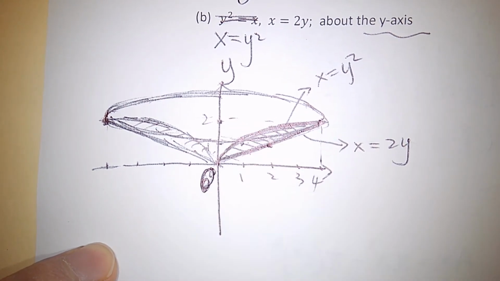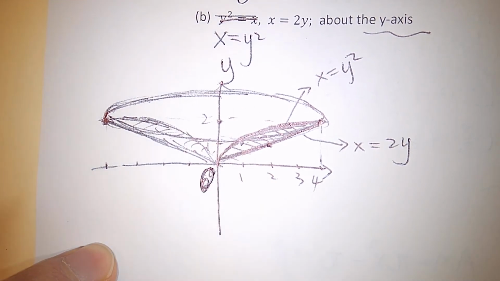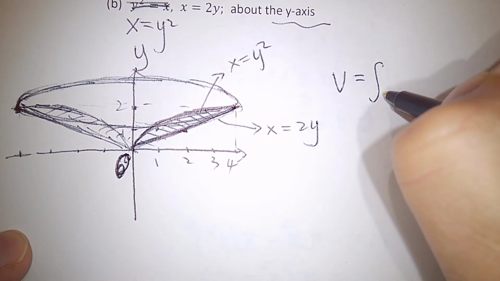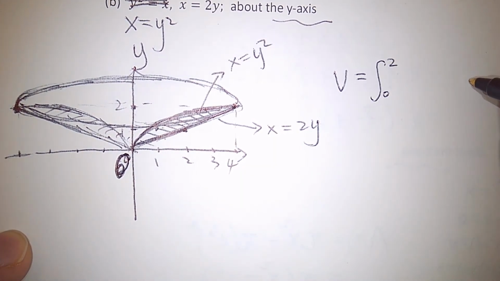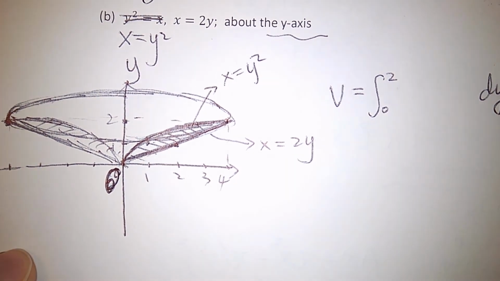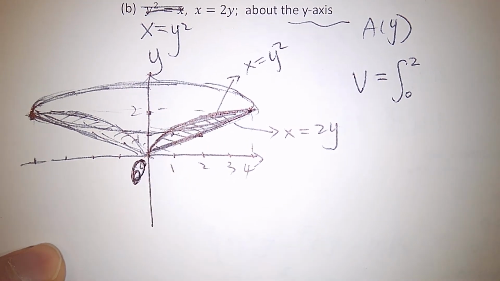So the solid is bounded between y equals 0 to 2. So the volume is the integral from y equals 0 to 2 of A of y dy. We need to find A of y. So what is A of y this time?